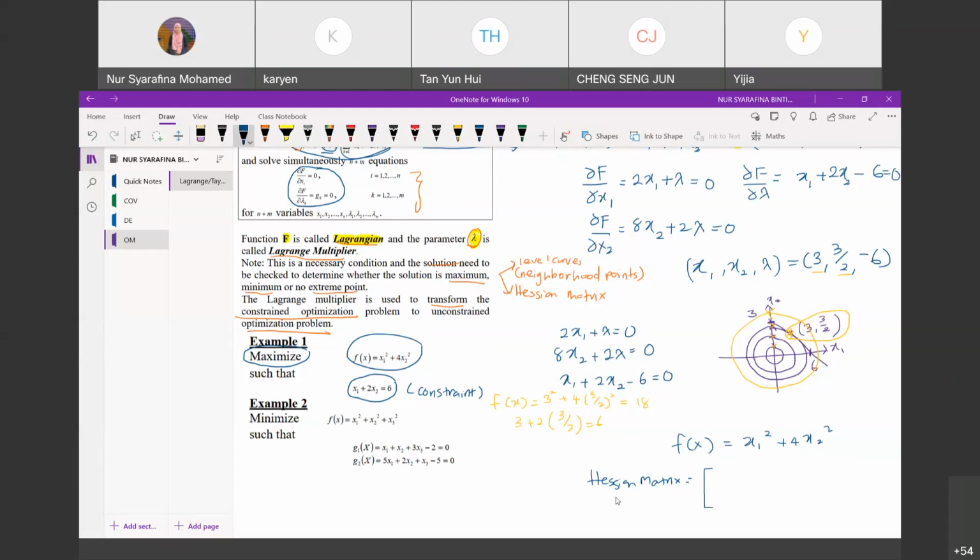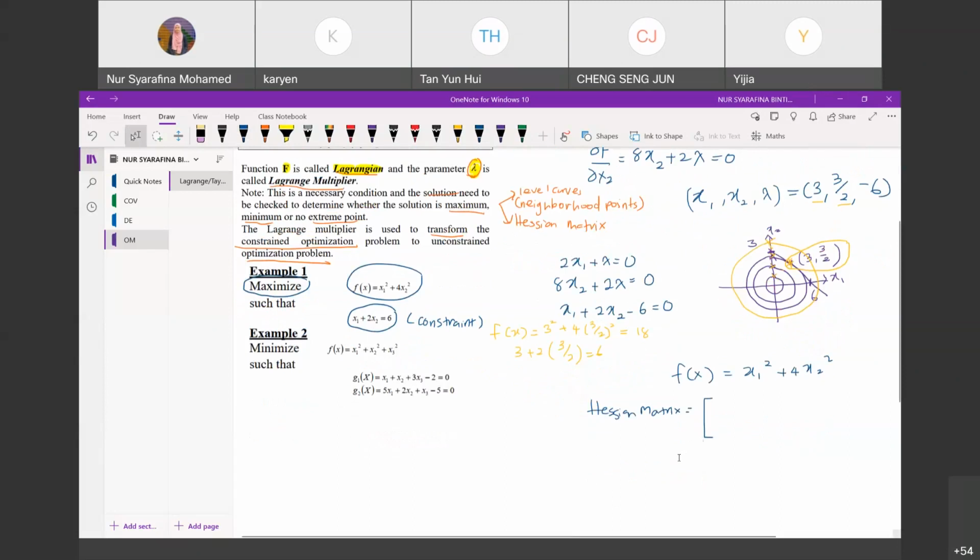Before you obtain the Hessian matrix, you have to have your del f del x1, del f del x2, same as the previous one. We have here equals what? 2x1, and this one is 8x2, right?